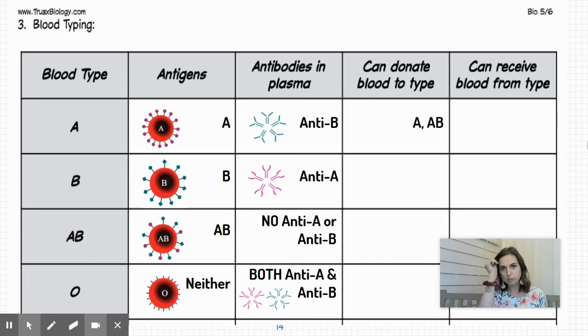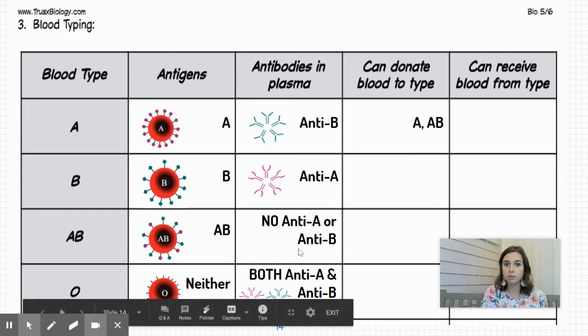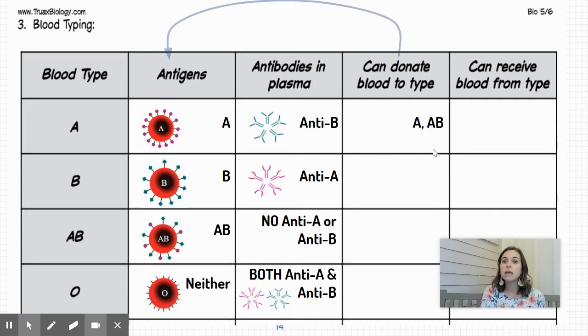So you should have seen from our lab simulation that A can give blood to both A and AB because it does not have any of the markers that would fight A. Basically, anyone who doesn't have anti-A can receive A. So when you think about who the blood can be donated to, we look at the antigen in this scenario, meaning they're getting the whole red blood cells from an individual in a red blood cell donation.